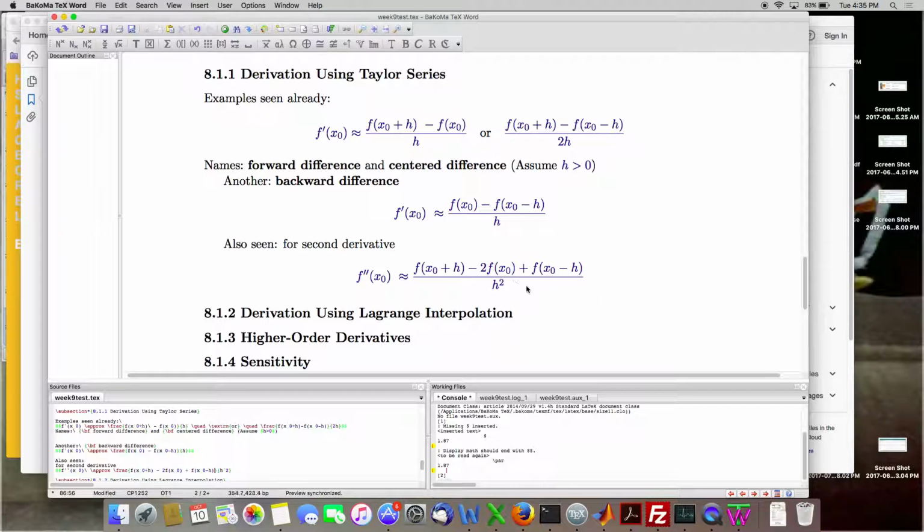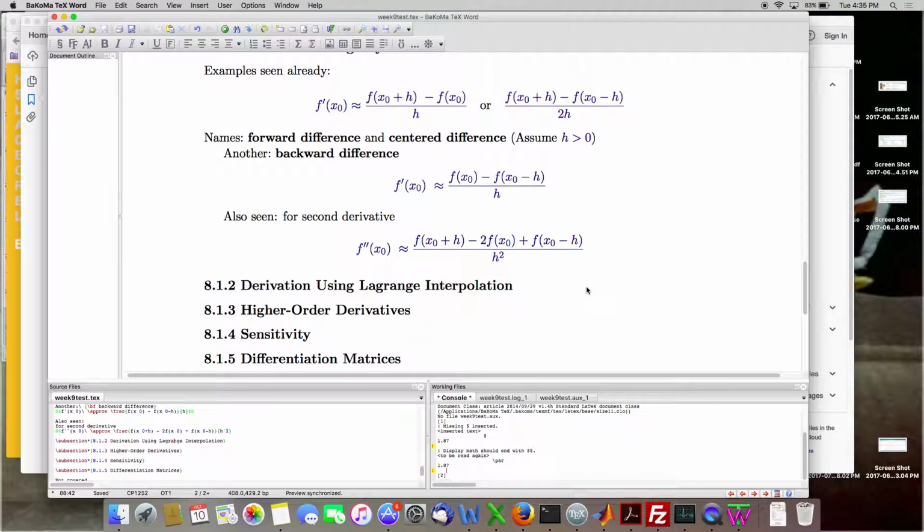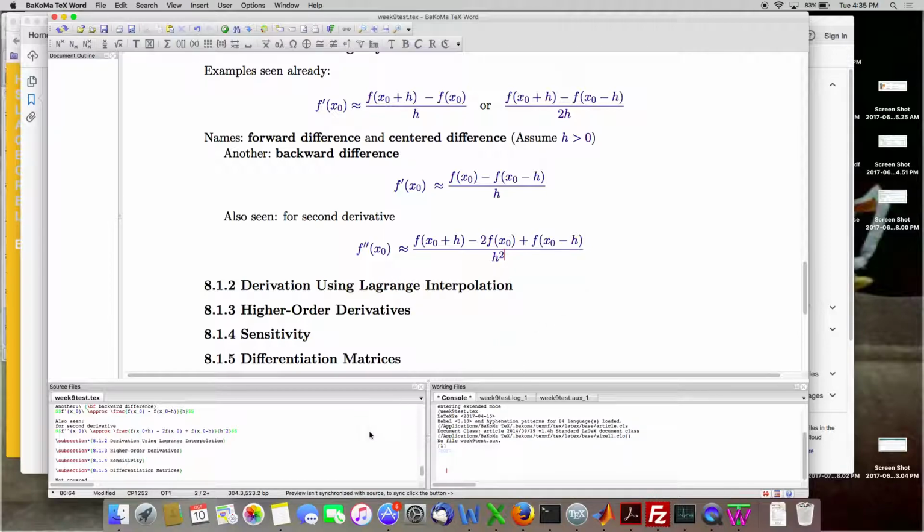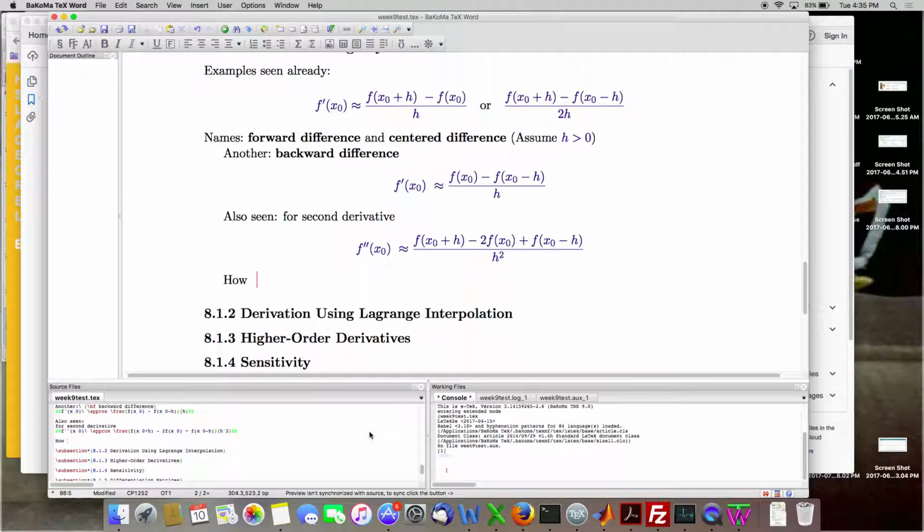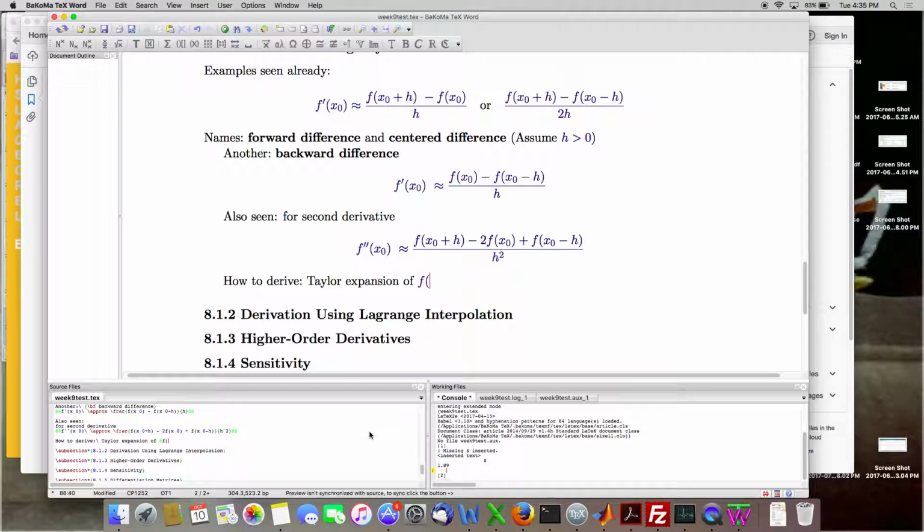Okay, now, we've seen how to derive all of these using Taylor series. Now, okay, I need to close this equation here. All right, so what we do is we do Taylor expansion of whatever points you're evaluating f at, besides f of x naught itself.